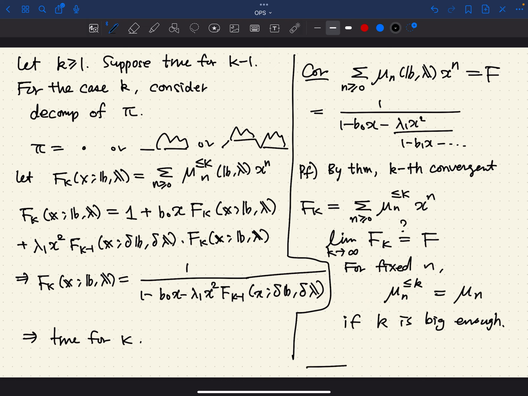But if the height is like n here, you have only n steps. You have to start from here and end here. You cannot really reach. Actually, n over 2 is enough. So if k is big enough, namely n over 2, then they are always equal. That means this is true. So that's why this is true. So that's the proof, basically.